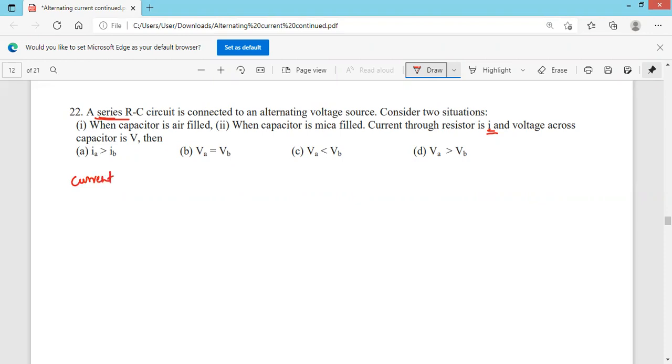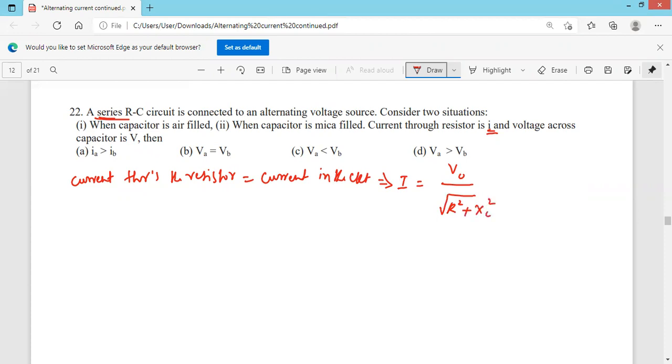the current through the resistor is equal to the current in the circuit, in the RC circuit. That implies I is equal to V naught divided by the square root of R square plus XC square.